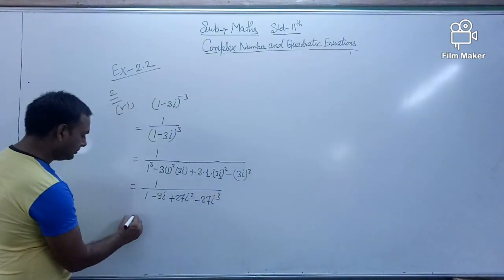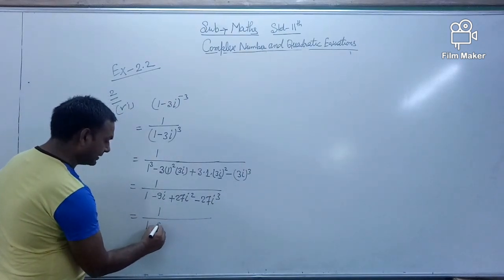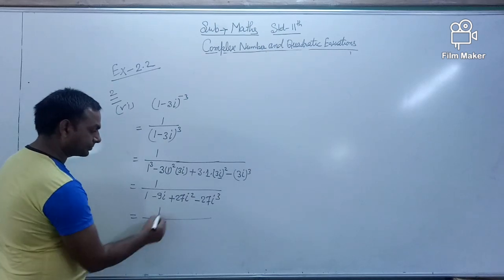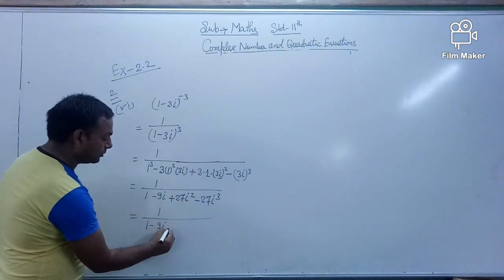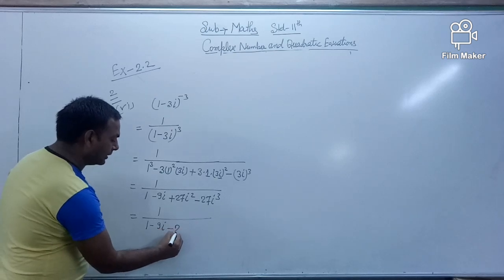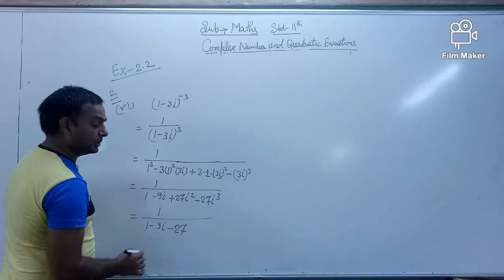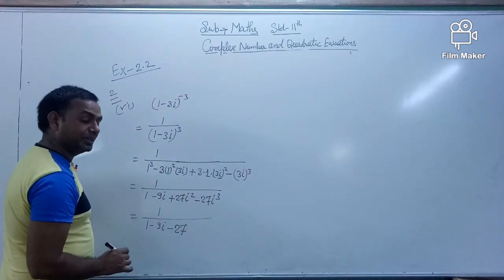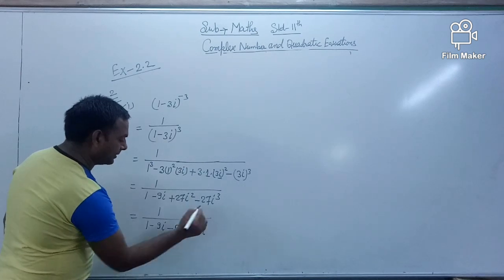Okay. So next 1 upon 1 minus 9i, 27i square is equal to minus 1. So this is minus 27. Here 27i cube, it means i cube is equal to minus i. So this is plus 27i.